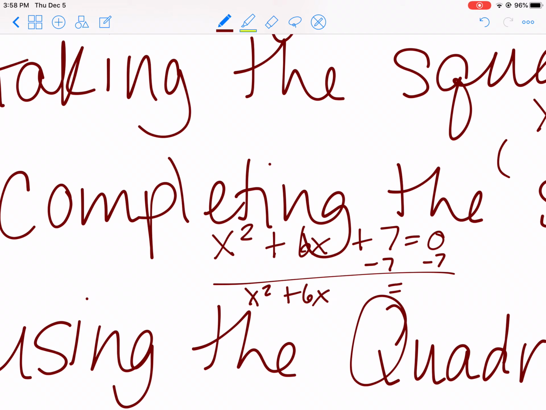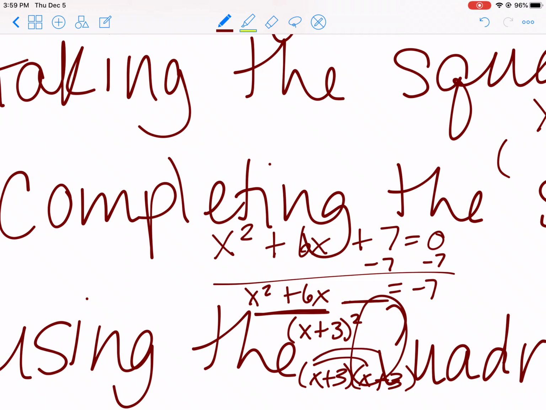Then we were looking for building a perfect factor so that if we take x plus something times itself, we would get x squared plus 6x plus something. Okay, so I know that if I take x plus 3 times x plus 3, I will get x squared, and then if I take outside 3x, inside 3x, together that will be the 6x that belongs there. I just need to add in this final piece.